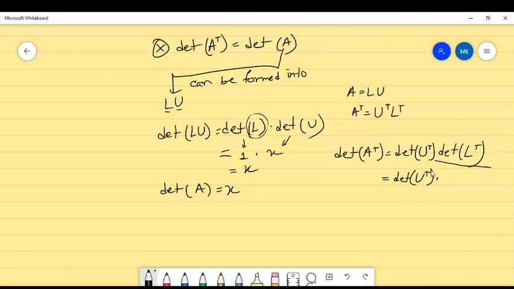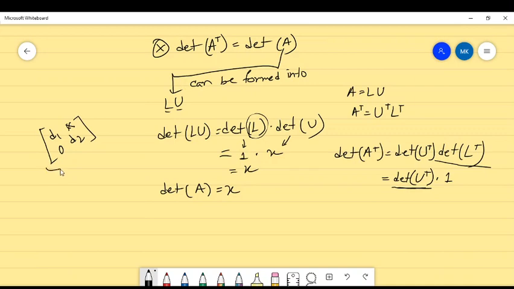As I said, the diagonal of a lower triangular matrix is 1. If you transpose that matrix, the diagonal elements will be the same, so you have 1. Also, for the determinant of U transpose, let's say you have D1, D2, something here and 0 here.